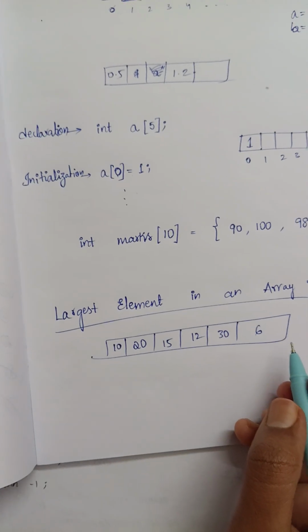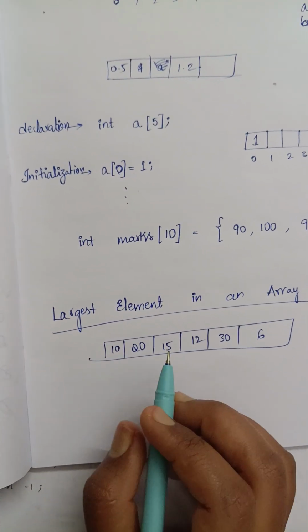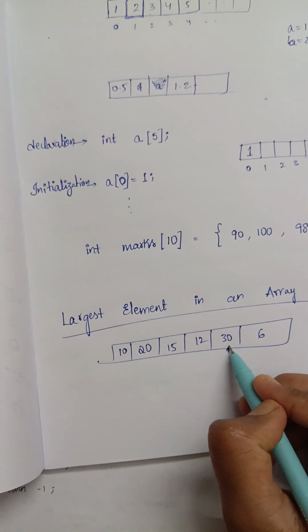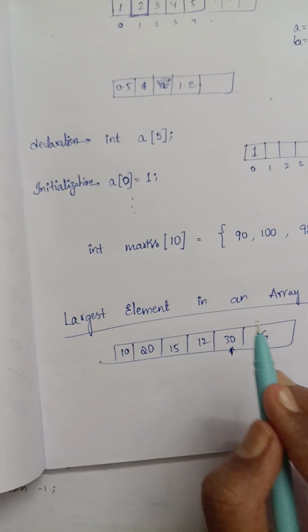These are the elements present in an array, and we want to find out the largest element. We can observe here clearly that 30 is the largest element in this array. But how can we find it using code?